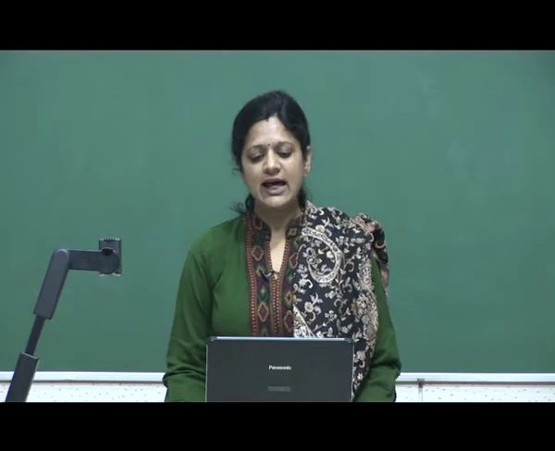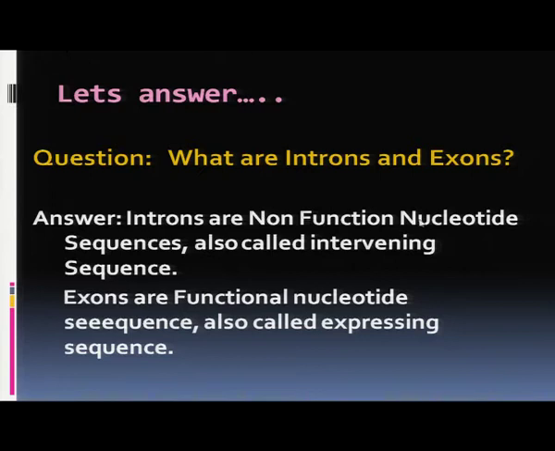Introns are considered non-functional nucleotide sequences, also called intervening sequences. Introns are present in precursor RNA in eukaryotic cells, are non-functional in nature and do not participate in protein synthesis, and these introns are removed by the process of processing and splicing.